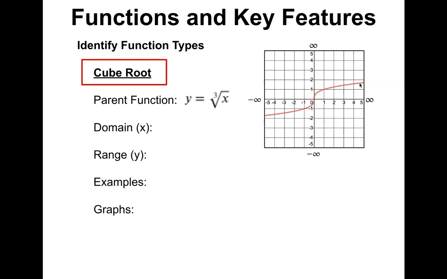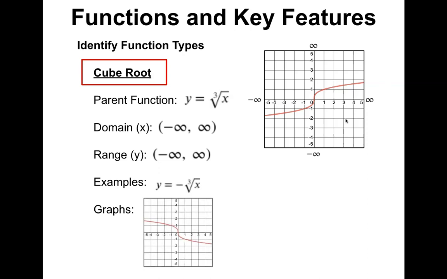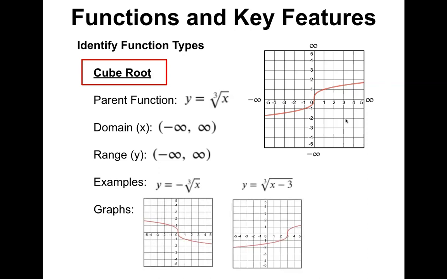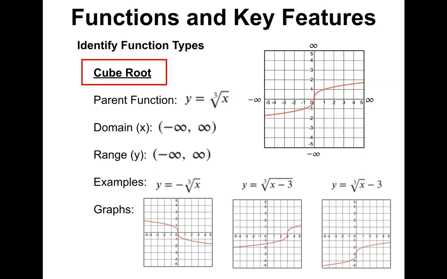And that's how come it turns on its side here, because it's the opposite operation of our previous function. Here we'll see the domain and our range once again being negative infinity to infinity. And then some other examples to still see that cube root function, even with its transformation moved around the graph, we still see that curve turned up on its side.